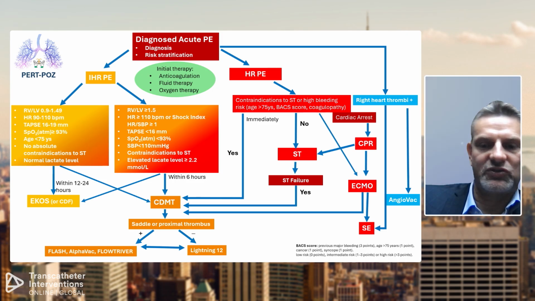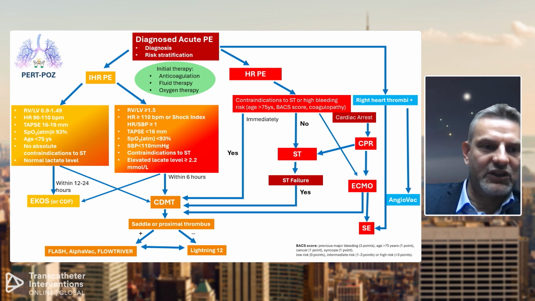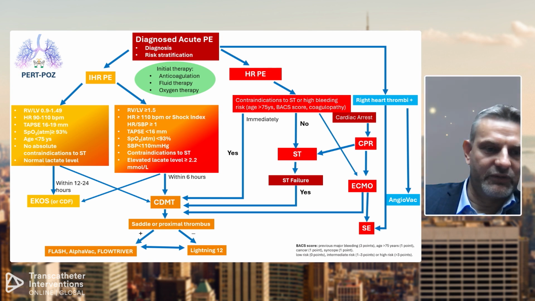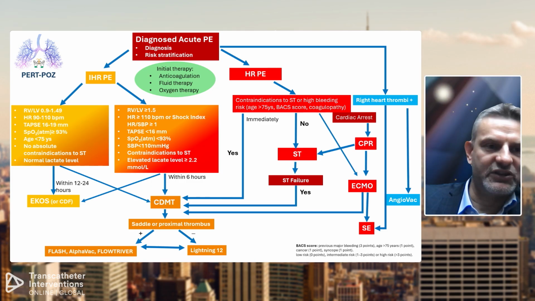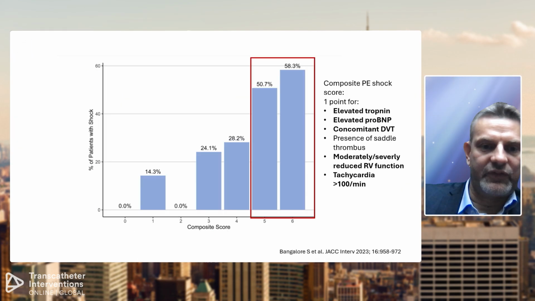This patient was transferred to our university hospital after consultation with our pulmonary embolism response team, which is, of course, a multidisciplinary team, very important for the diagnosis of these patients.